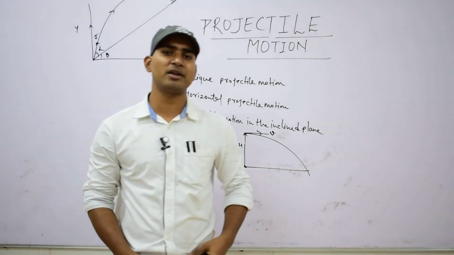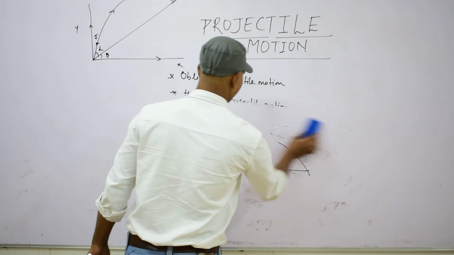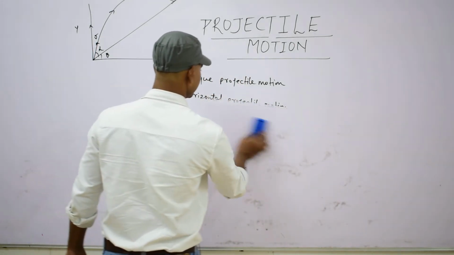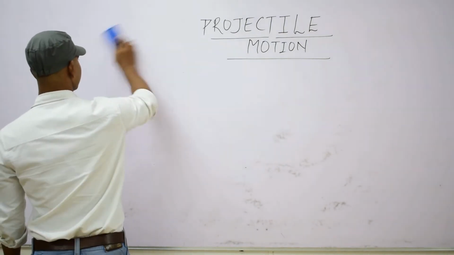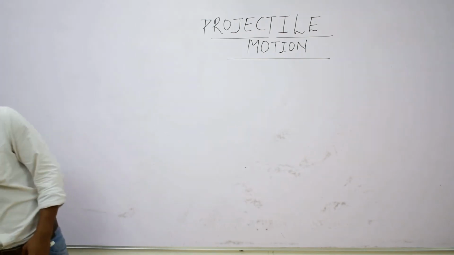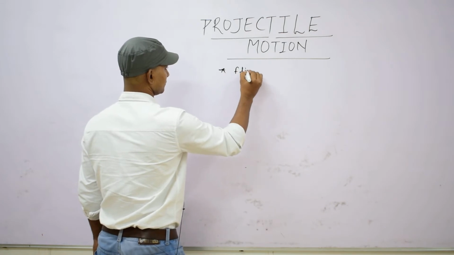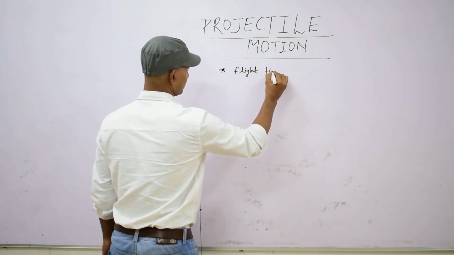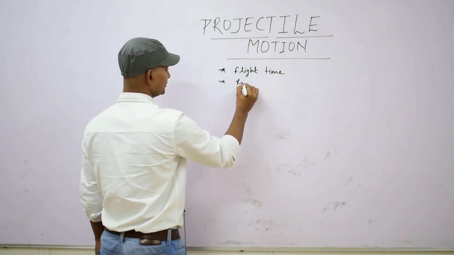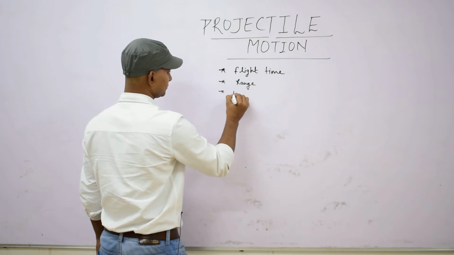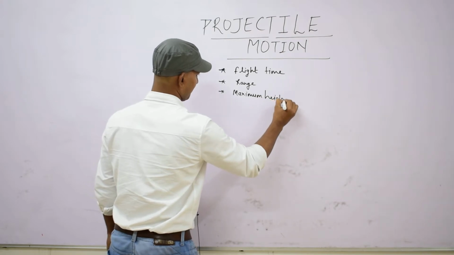So some basic parameters of projectile motion are flight time, range, and maximum height.